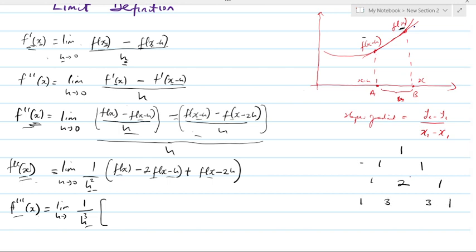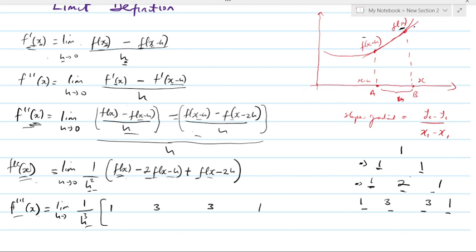So for the first derivative, we have our coefficients to be 1 and 1. For the second derivative we have 1, 2, 1. Now for the third derivative, we are going to have 1, 3, 3, 1. So let's put that.